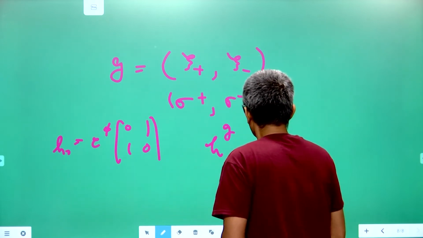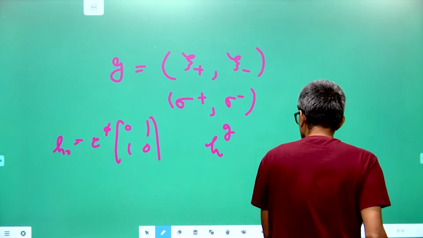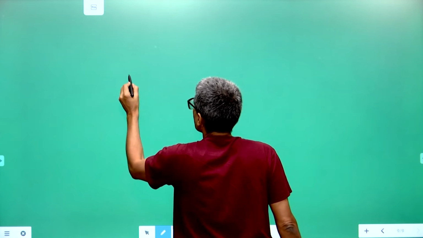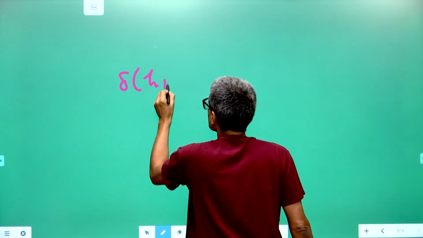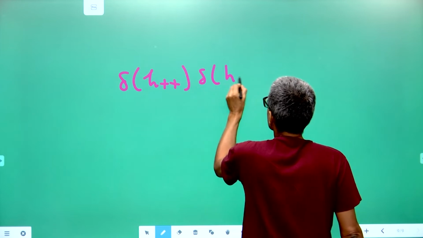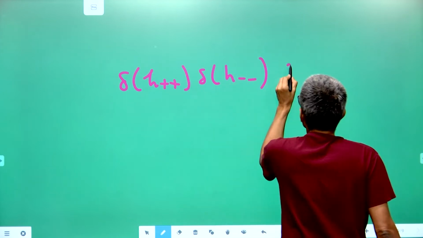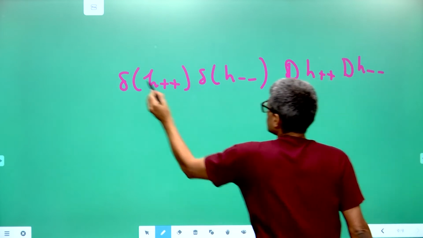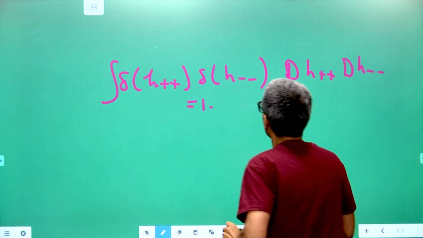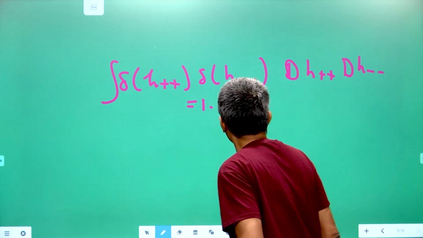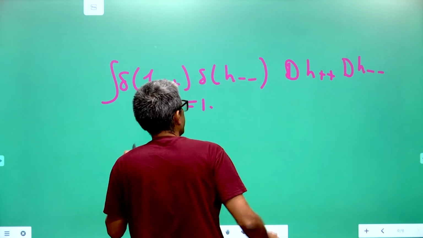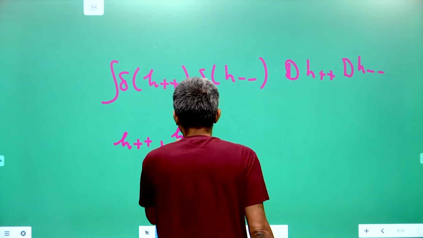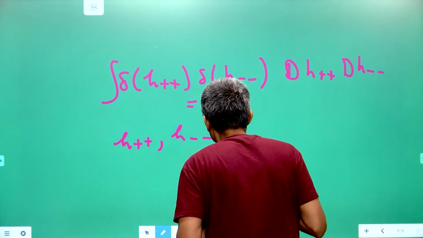Now I look at h plus plus and consider the equation: delta h plus plus delta h minus minus, this is called gauge fixing, into d h plus plus, a path integral d h minus minus. This integral is 1, from the basic definition of the delta functional. Now since h plus plus and h minus minus are just two coordinates, they can be viewed as two coordinates.